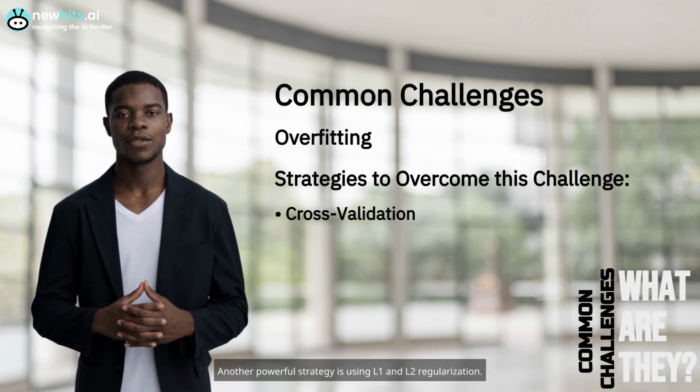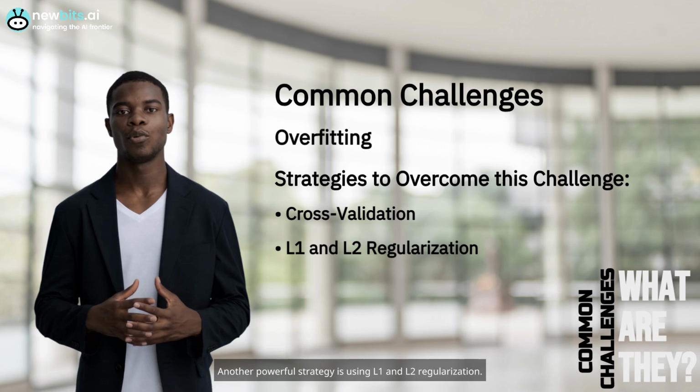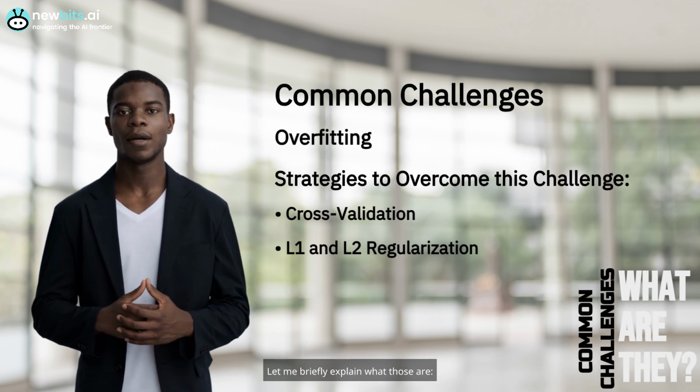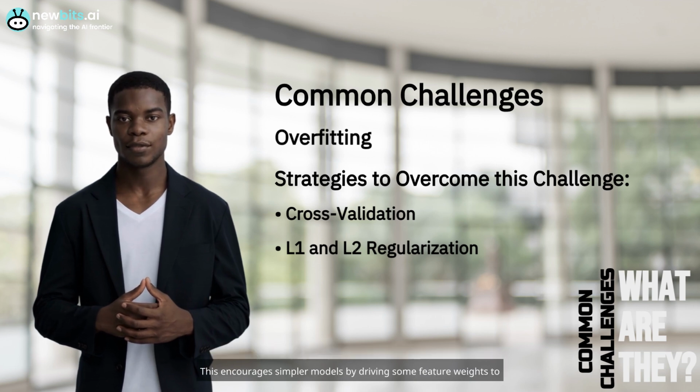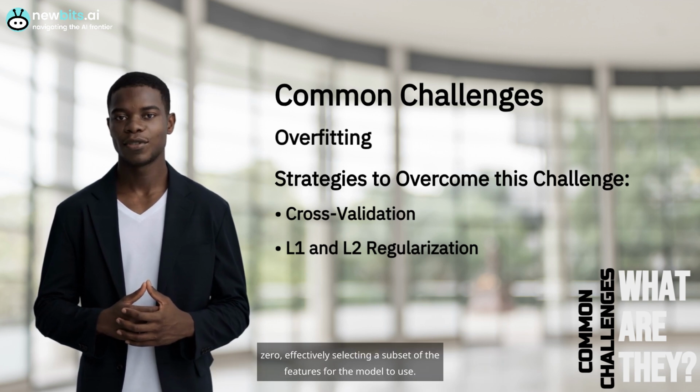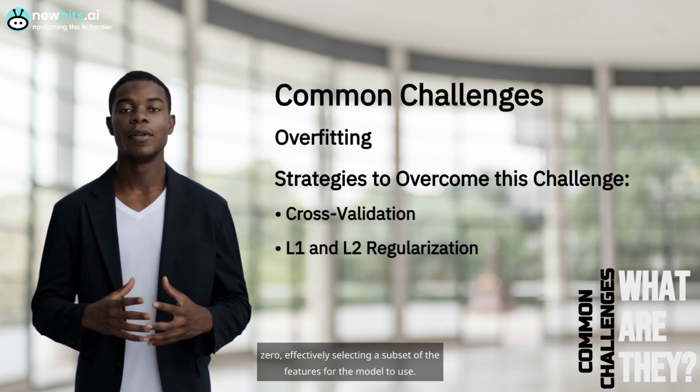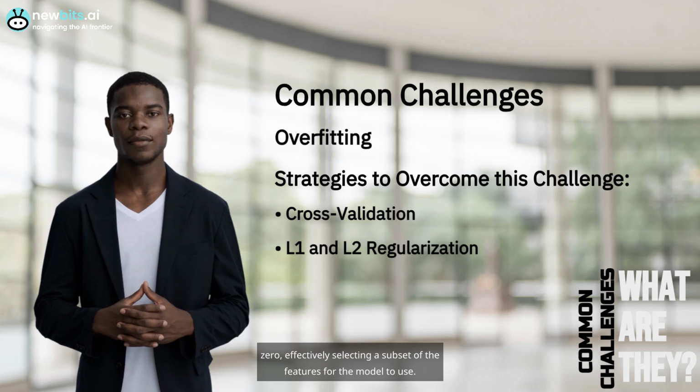Another powerful strategy is using L1 and L2 regularization. Let me briefly explain what those are. L1 regularization, also called lasso, works by adding a penalty equal to the absolute value of the model's coefficients. This encourages simpler models by driving some feature weights to zero, effectively selecting a subset of the features for the model to use.